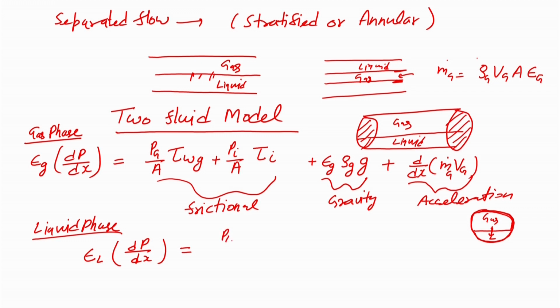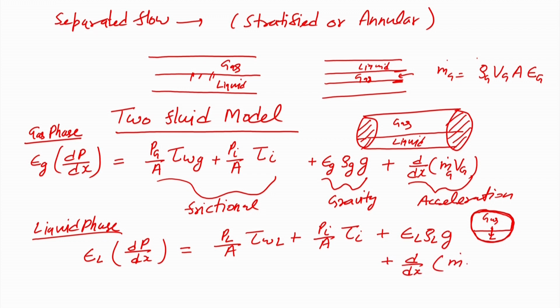So, I will write PL upon A into tau WL, plus I will write again the interface, so it will be Pi upon A into tau I, plus epsilon L rho L into G, okay, plus d by dx of m naught liquid into V liquid. Okay. So, that will be the overall component for the frictional pressure drop for the gas phase and the liquid phase, and you can calculate it. Now, what is the problem?